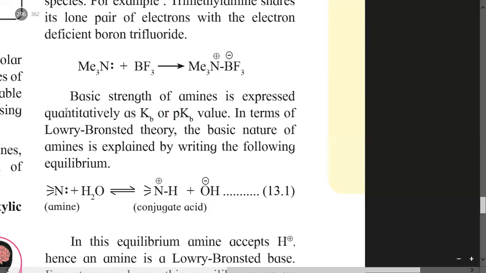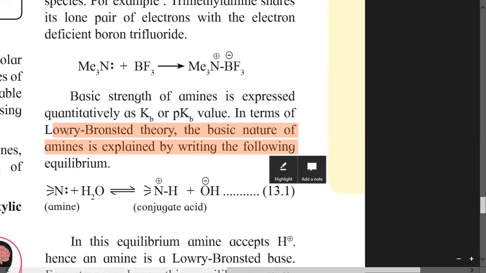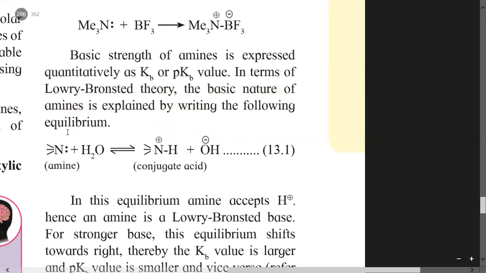In terms of Lowry-Bronsted theory, the basic nature of amines can be explained by writing an equilibrium reaction. This is an amine containing nitrogen with 3 bonds. When H2O is added, a reversible reaction takes place.